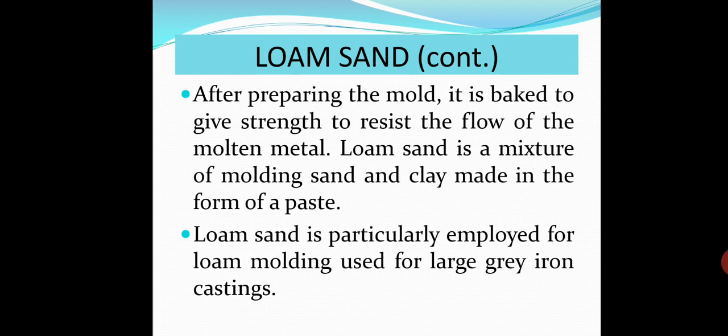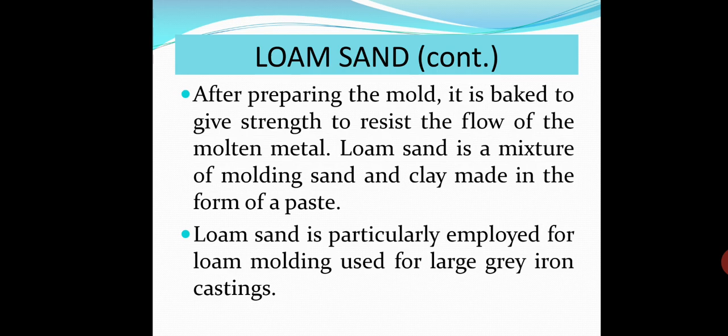Though it is a mixture of sand and clay, because of the high percentage of clay, it is in the form of a paste. So after preparing, the mold is baked in an oven to enhance the strength before allowing the molten metal into the mold.